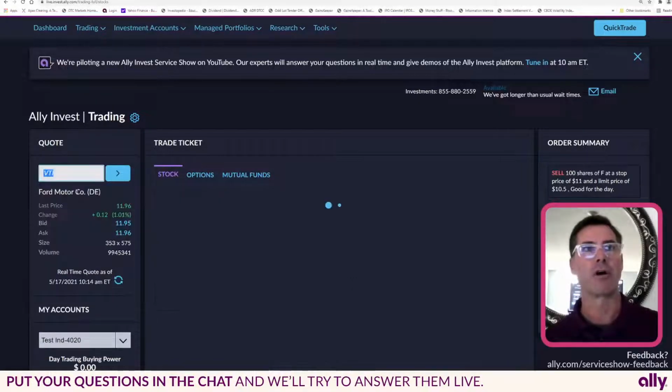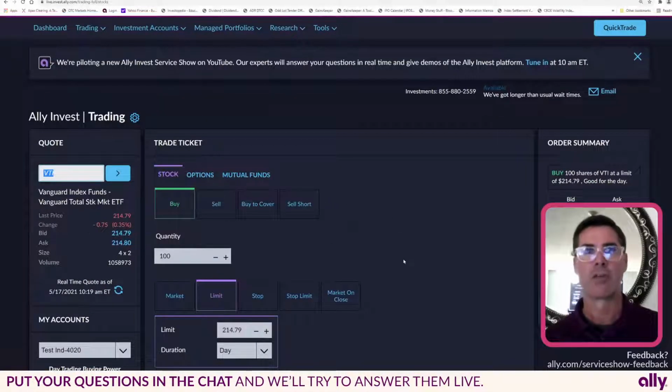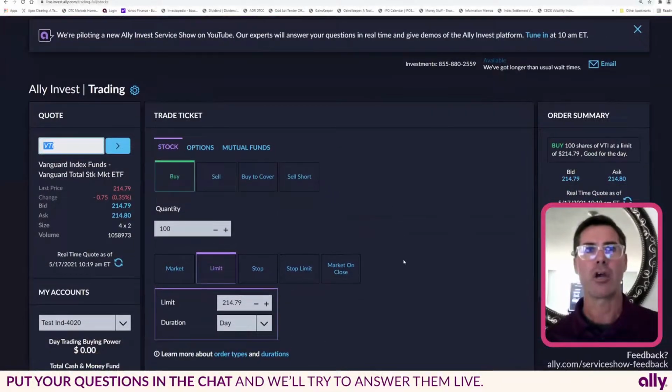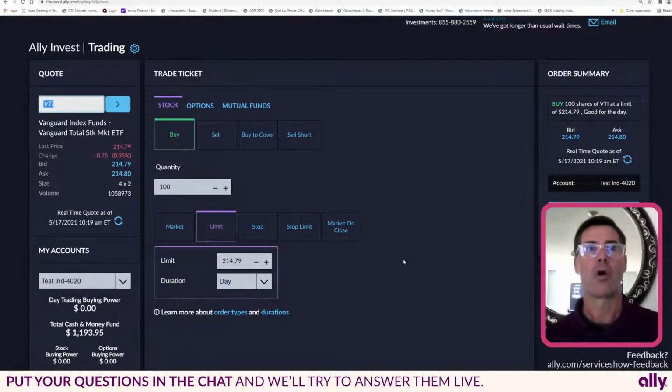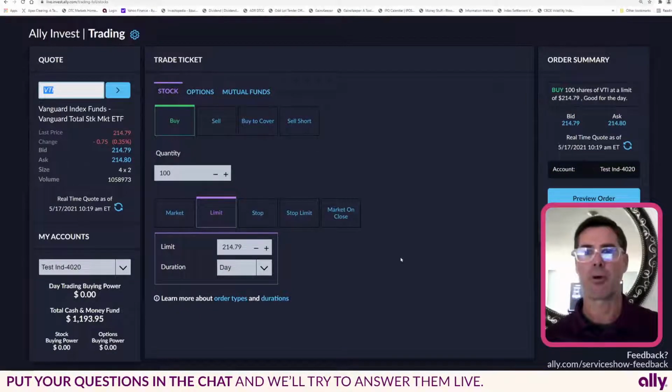So it is the Vanguard Total Stock Index. So right here, we've got a pre-populated ticket to purchase VTI, which is a Vanguard product that we offer through Ally. It's an ETF, and we offer most all domestic ETFs. So here's where you'll be able to make your purchase.